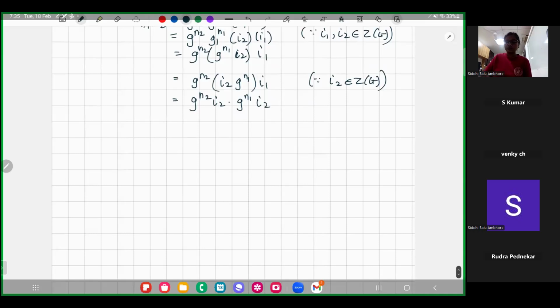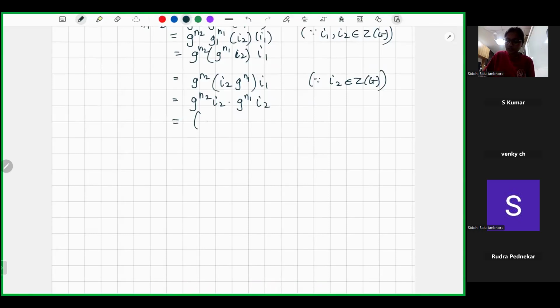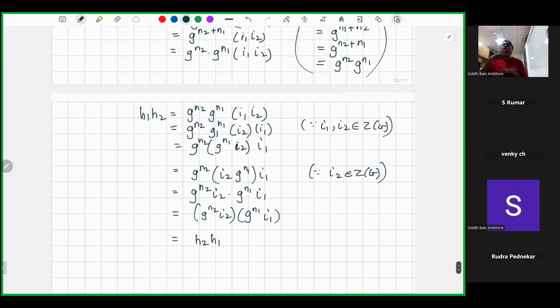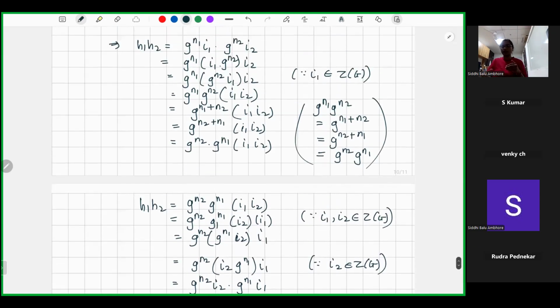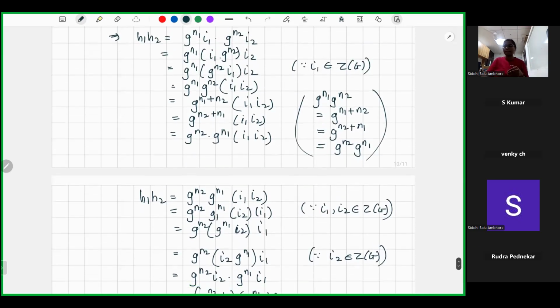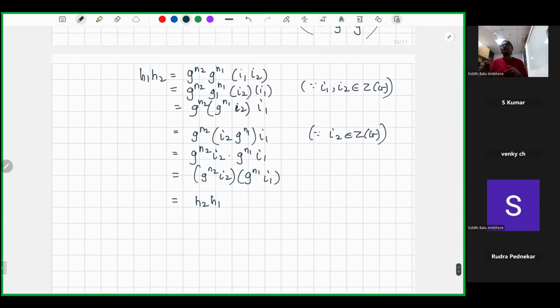So, and this is what? This g power n2 I2, g power n1 I1, here it was I1. This was my H2 and this was my H1. So we started with H1, H2 and we ended up getting this expression here, H2, H1.